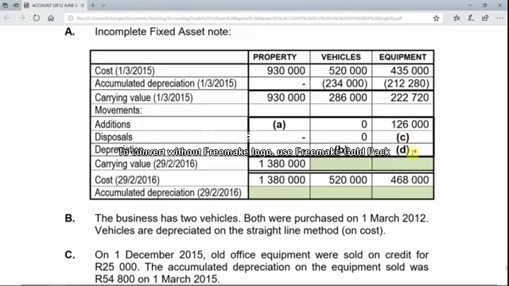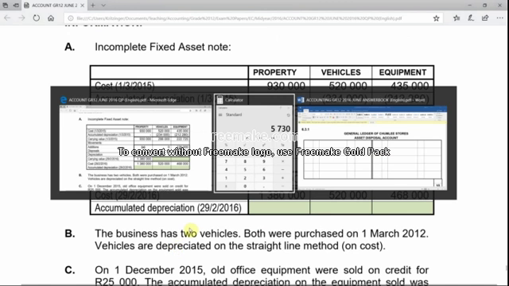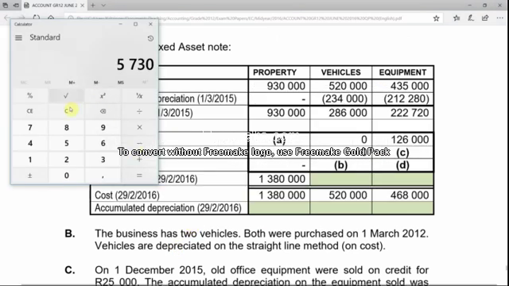So let's bring up our calculator and clear it.